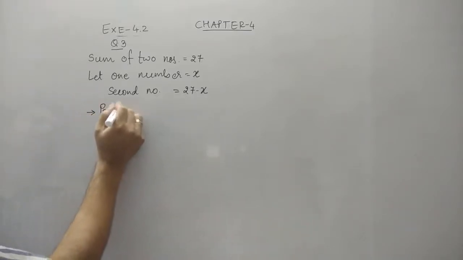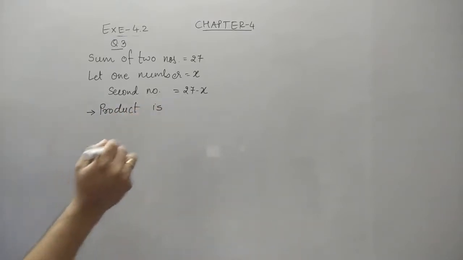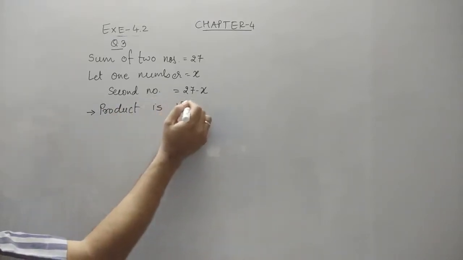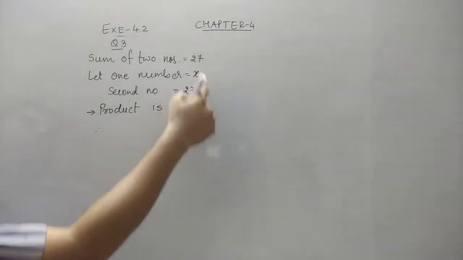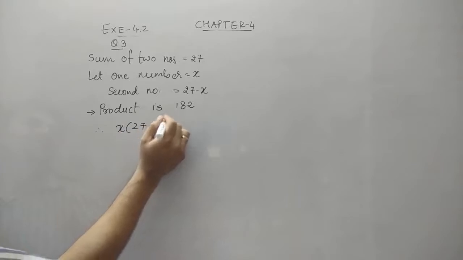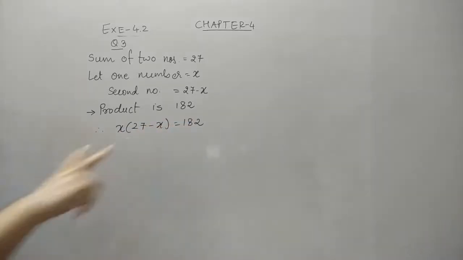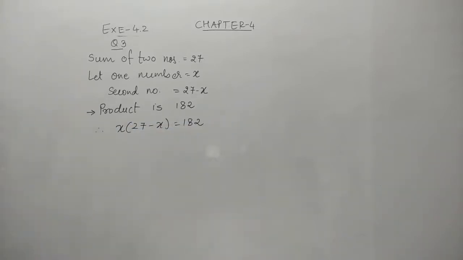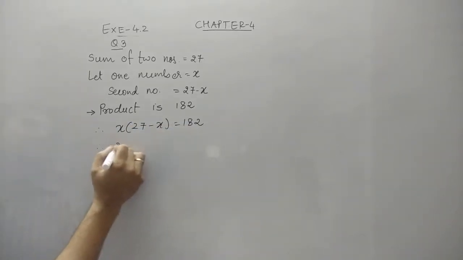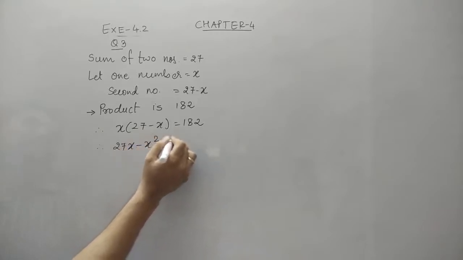Now from the statement we form the equation: the product of the given two numbers is 182. Product means multiplication. When we simplify this, we'll obtain the quadratic equation. It's 27x minus x square is 182.